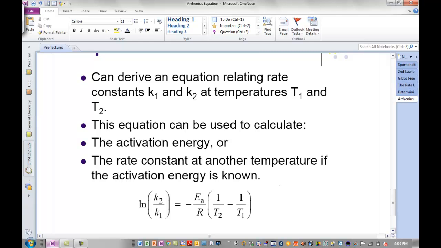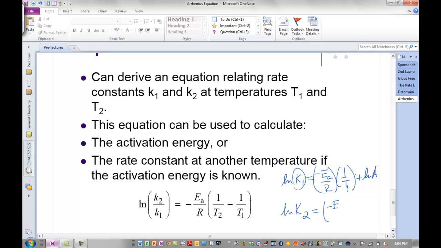So essentially what we've done is we've taken this same equation at 2 different temperatures. So we have T1 with a rate constant at that temperature. We take a second temperature where we're going to have a different rate constant. Okay, so a new temperature, let's call that T2.